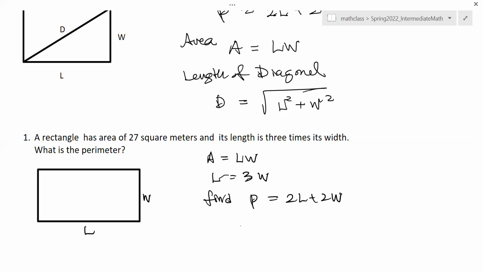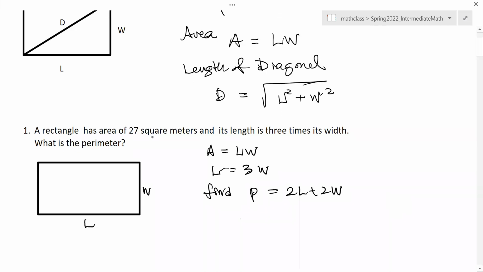Now, how can I get the width W? Well, use the given information, 27. The area is L times W. I have 2 variables there, L and W, so I need to replace L. L is 3W, so that's 3W times W, which is 3W squared.